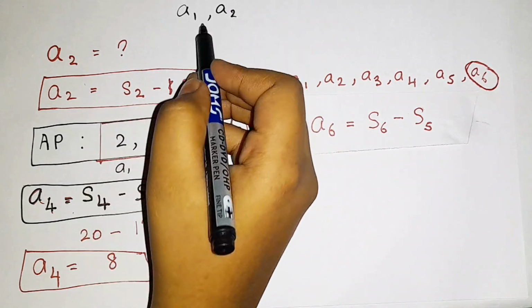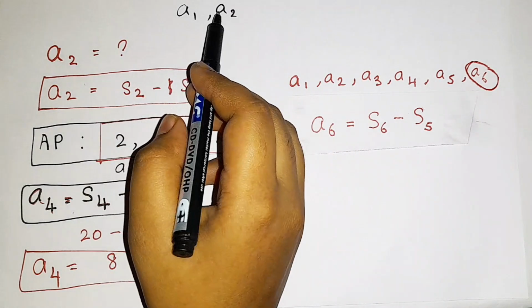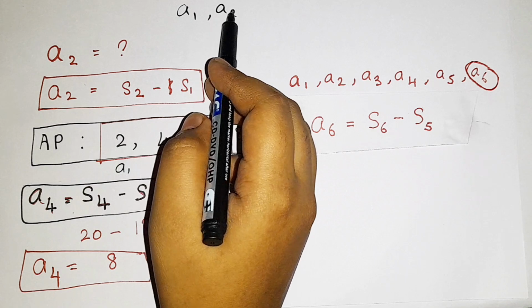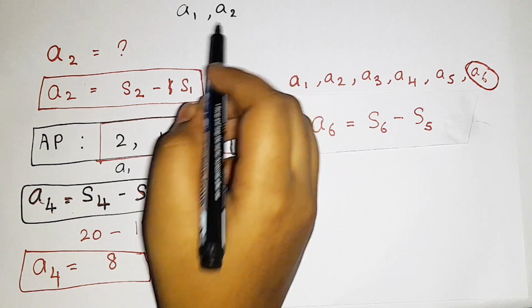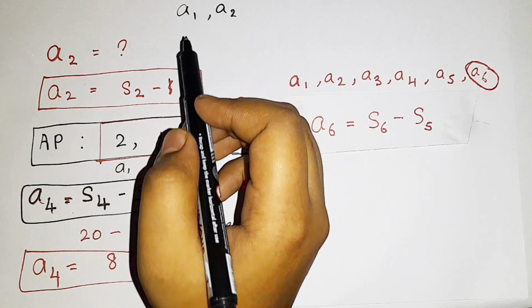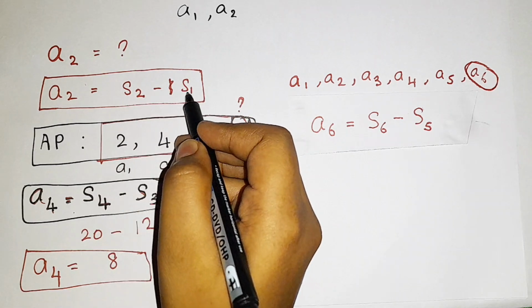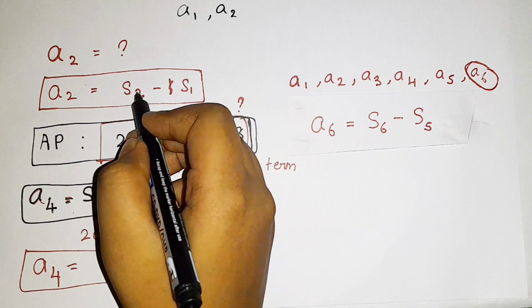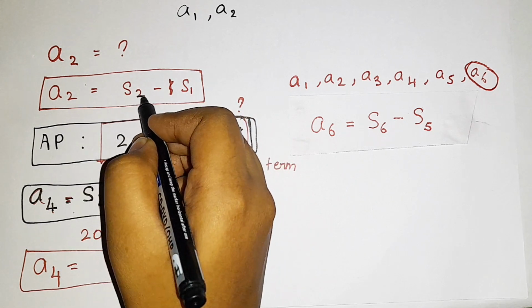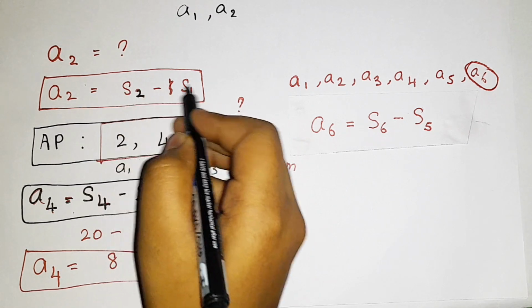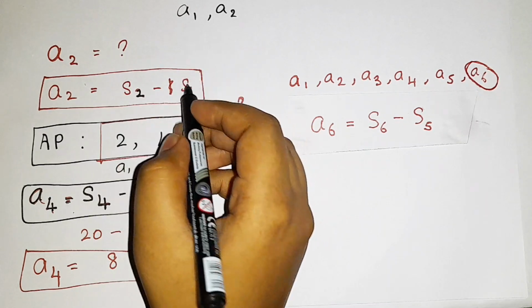Okay, now think of this as an AP. In this AP we need the 2nd term, A2. How to find the 2nd term? S2 minus S1, so sum of 2 terms minus sum of 1 term. I just told you guys, first write which term is missing. So sum of 2 terms minus, the previous number of 2 is 1, so S1.